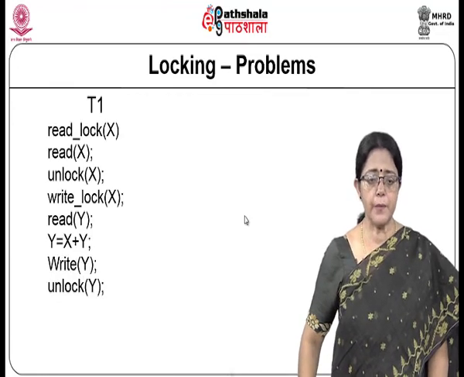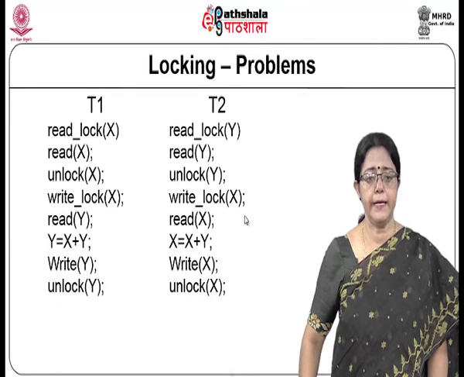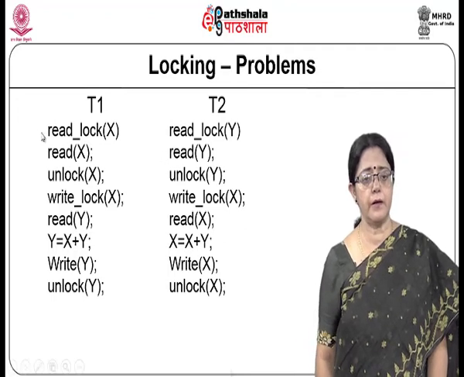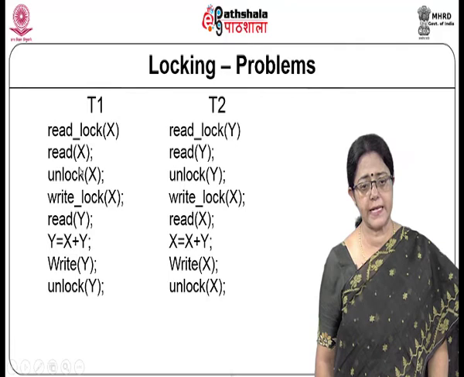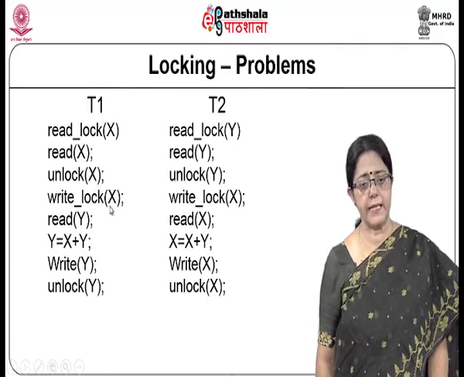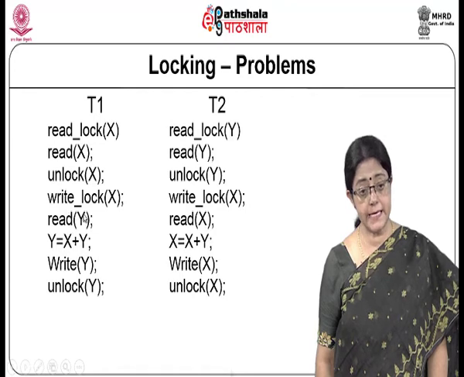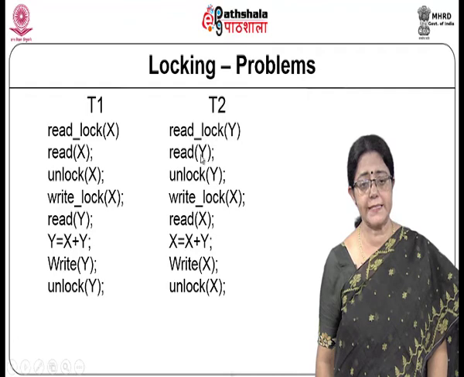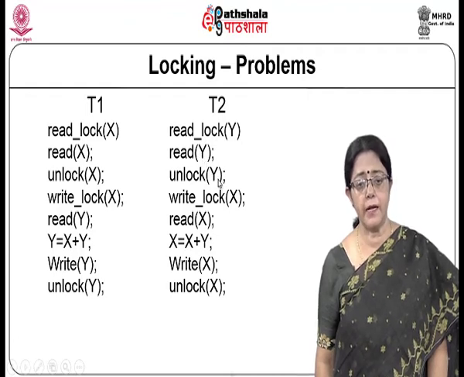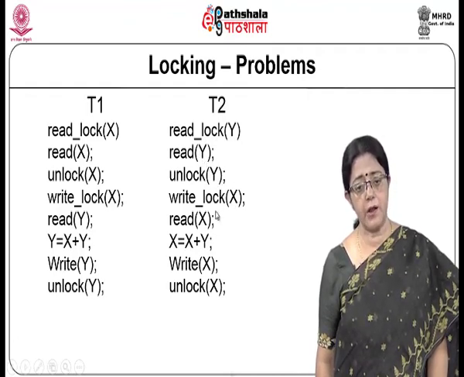So, let us look at the problems of locking. If we have transaction T1, it is acquiring lock X and unlocking it, and then acquiring a write lock X and then reading Y, then executing something and writing Y. Similarly, transaction T2 has a read lock on X and reads Y and unlocks, acquiring a write lock.